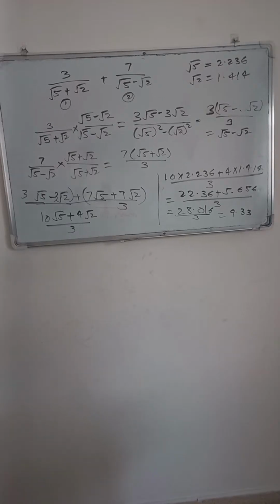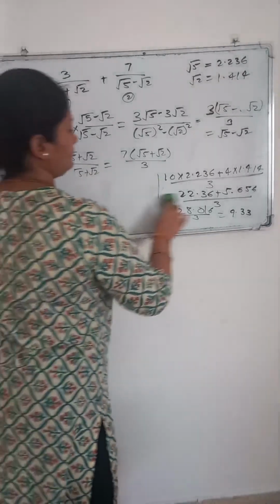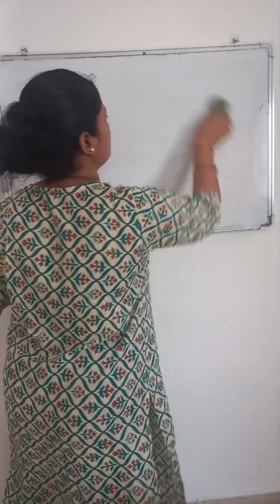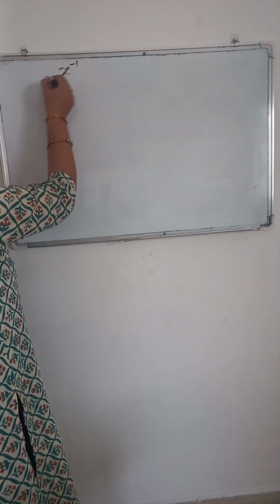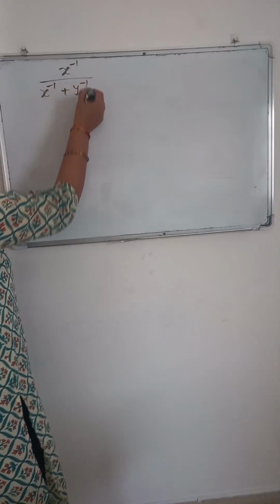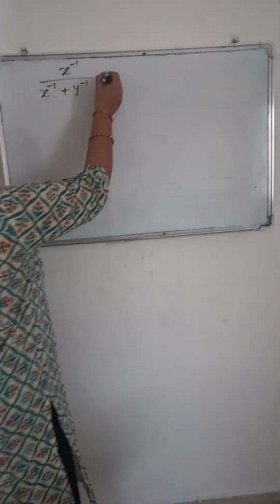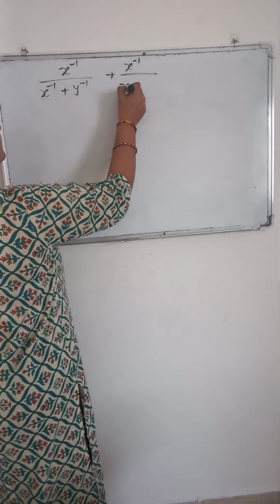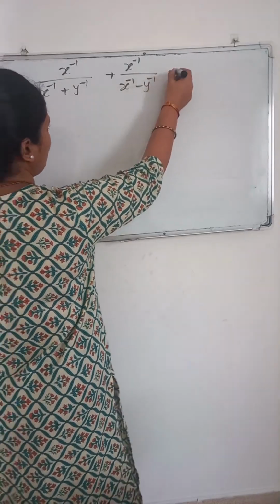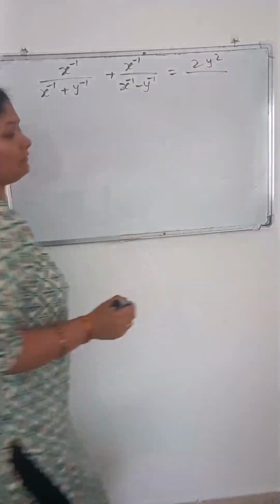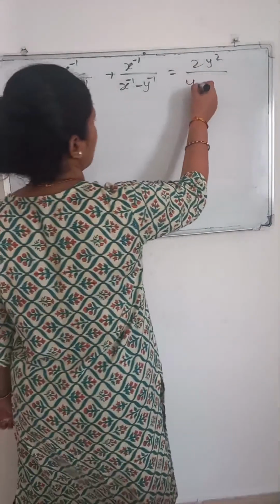Here we have to prove that x raised to minus 1 plus y raised to minus 1, divided by x raised to minus 1 minus y raised to minus 1, plus x raised to minus 1 minus y raised to minus 1 divided by x raised to minus 1 plus y raised to minus 1, is equal to 2y square upon y square minus x square.